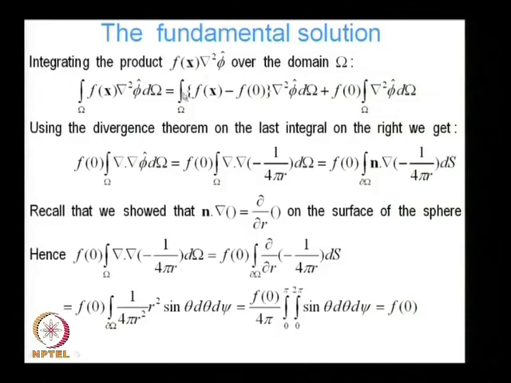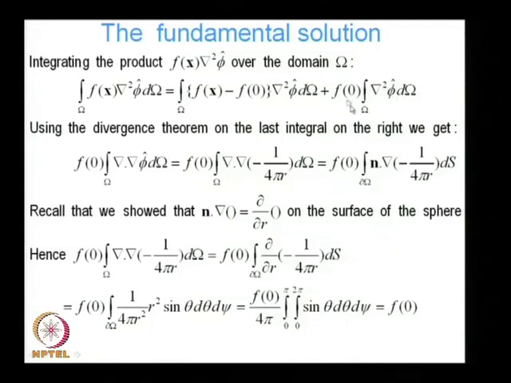So, let us take the integral of f of x with Laplacian of phi hat. We know that Laplacian of phi hat is always equal to 0 except at the origin. So, let us rewrite this as the integral of f of x minus f of 0 times Laplacian of phi hat, plus f of 0 times Laplacian of phi hat; I have just added and subtracted f of 0.